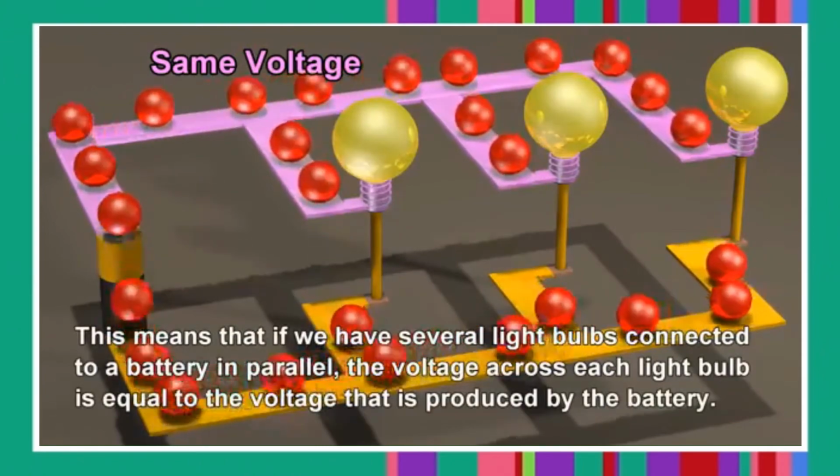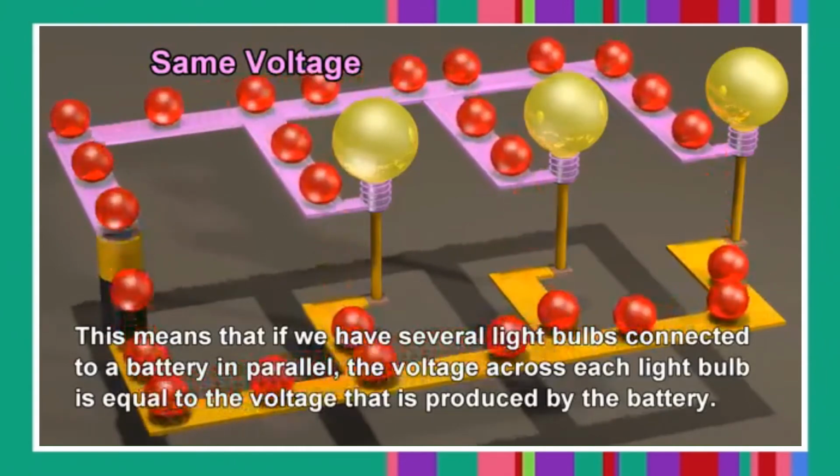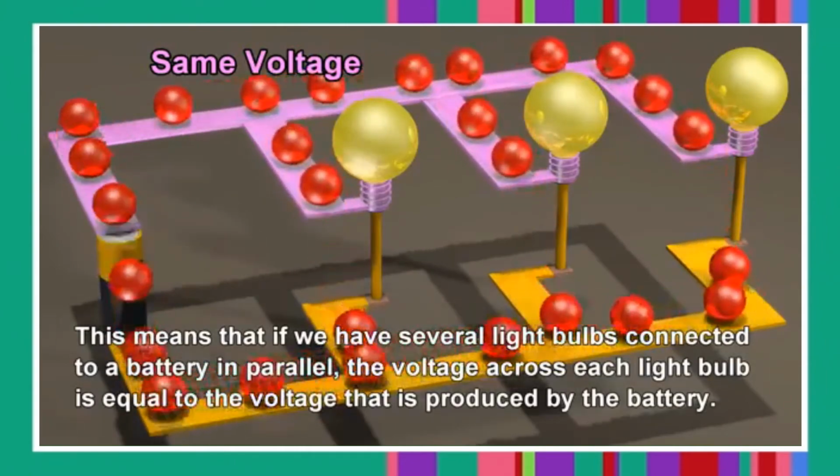This means that if we have several light bulbs connected to a battery in parallel, the voltage across each light bulb is equal to the voltage that is produced by the battery.